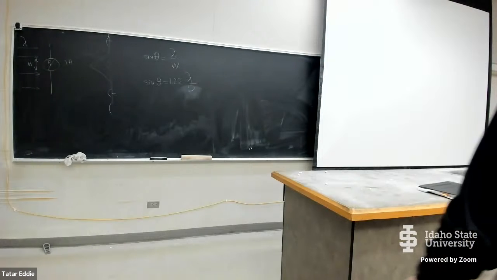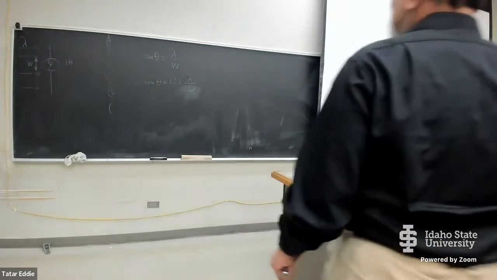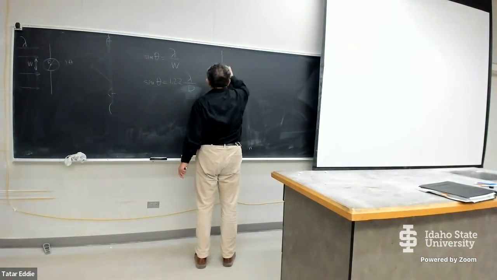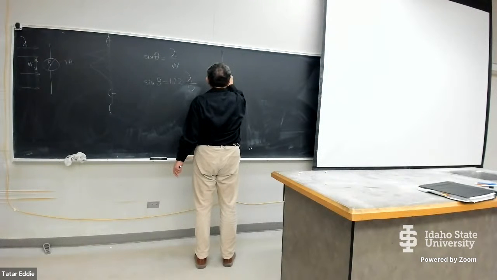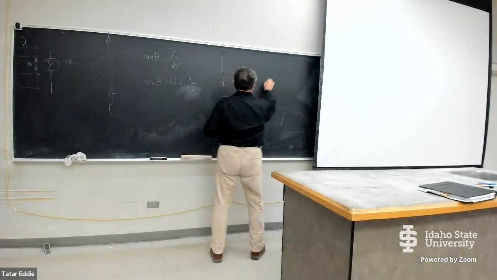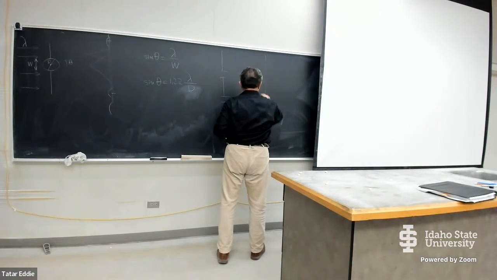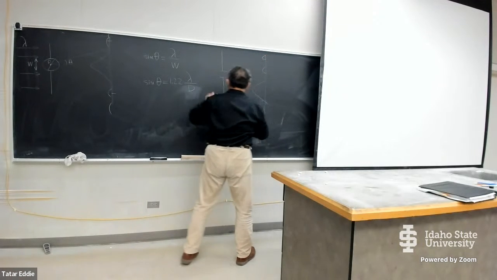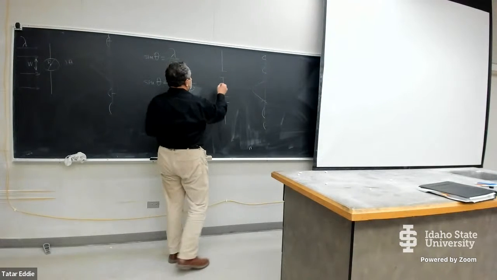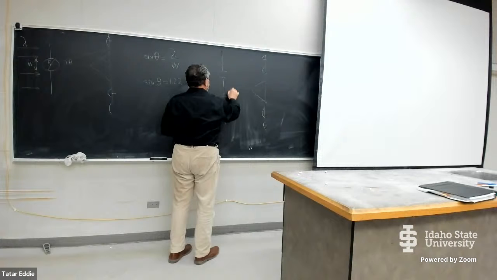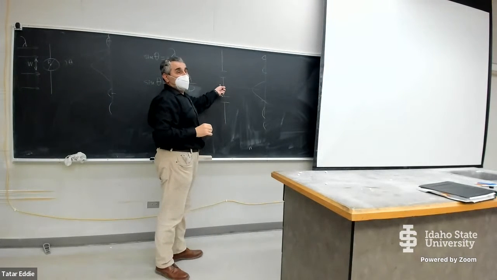In a sense, when I showed you the two-slit interference pattern here, one slit separated by, in a sense, the interference pattern that you observe here could be interpreted as if it is generated by this barrier.